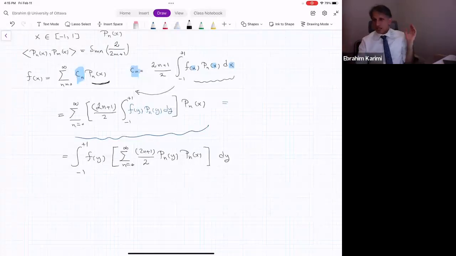The left side will give us the function f(x) that we started with, and the right side, if the expansion is complete and we have no problem, should match it.